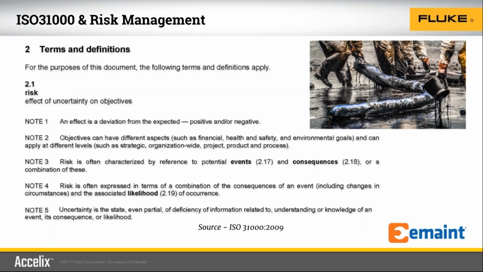So ISO 31000, the thing I really want you to get out of this is 2.1 there and a couple of notes. Keep this in mind as we're going through this presentation. I'm going to talk a little bit about maintenance and where it fits in there and some connotations of it. But think about this: risk is the effect of uncertainty on objectives. And I would note, this is important to take away, some of what we're going to talk about is a reliability-centered maintenance approach, or some of the elements of it.